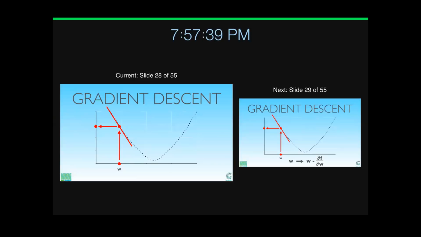What does it mean? It means that for a little change in the value of the weight, we can know if the cost is going to decrease or to increase.